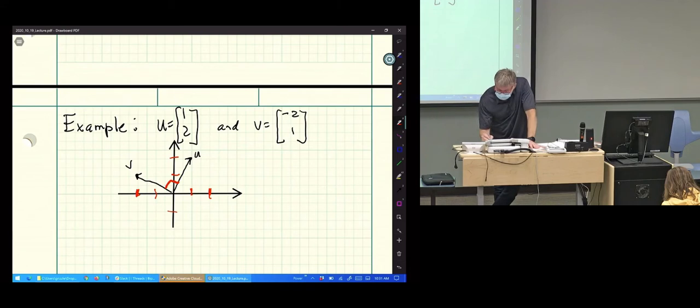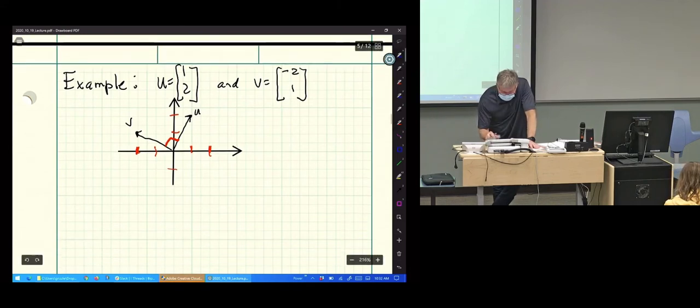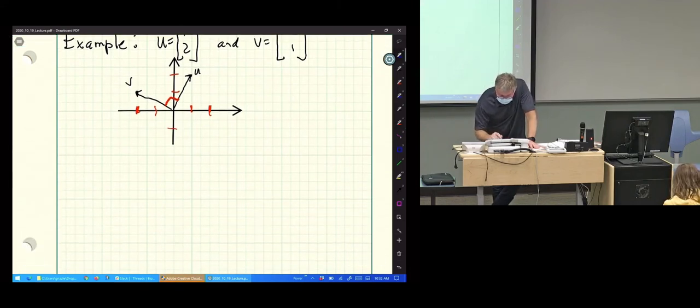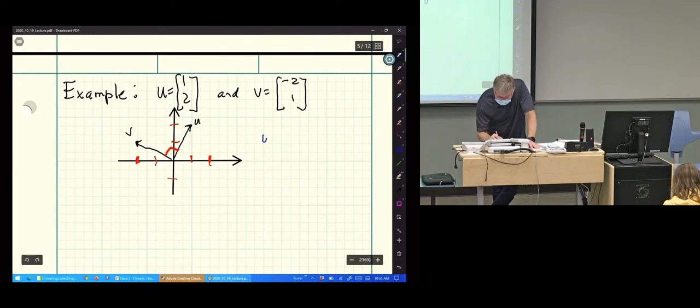Their dot product, let's just do that really quick: u dot v equals 1 times minus 2 plus 2 times 1 equals 0.